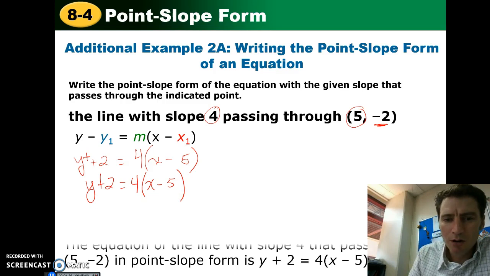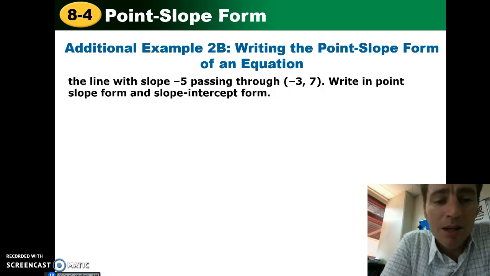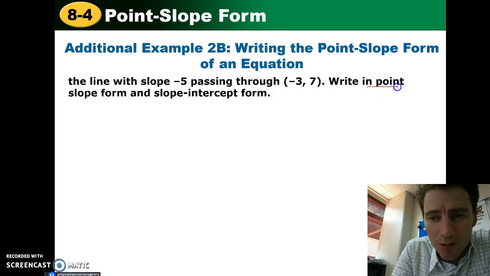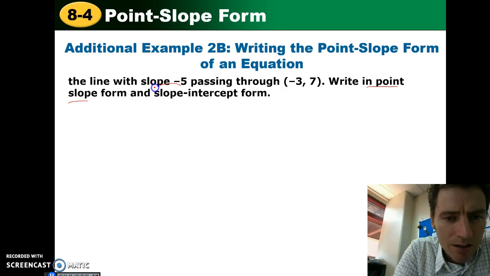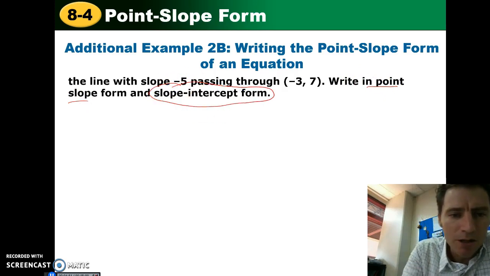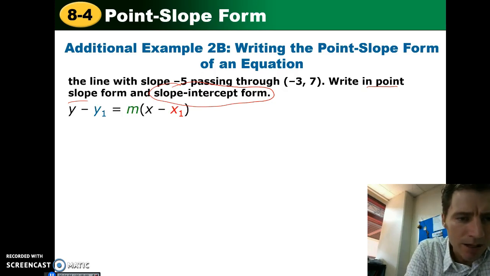Okay? Now we're going to do something really awesome, because math is awesome. We're going to do two different equations, point-slope form and slope-intercept form, the y equals mx plus b form. So I'm going to start with point-slope form. There's the basic equation. I'm going to start plugging stuff in.